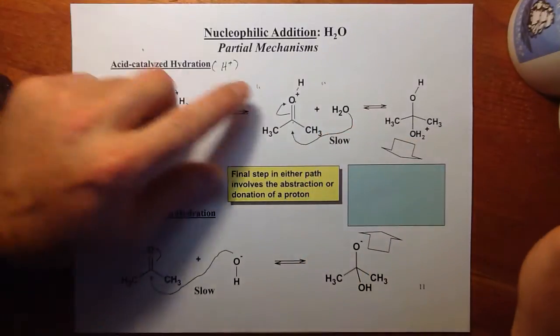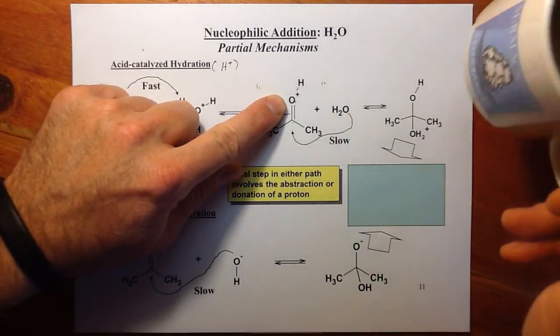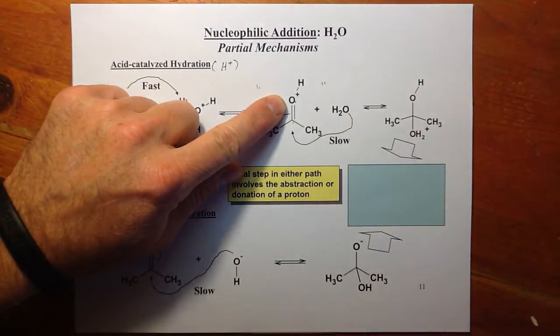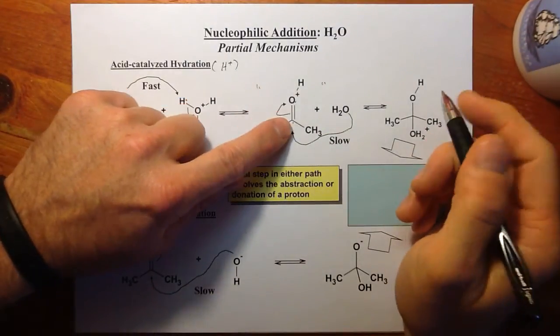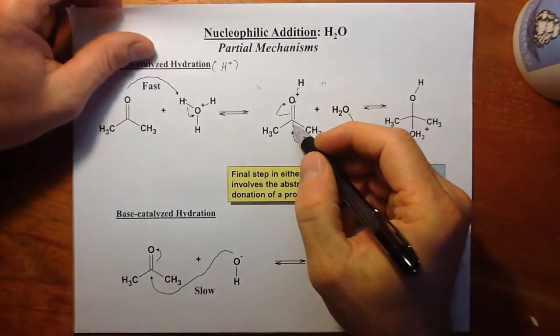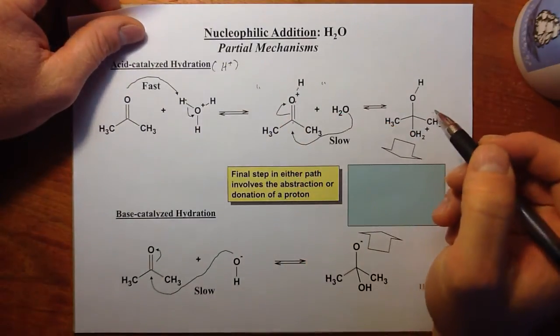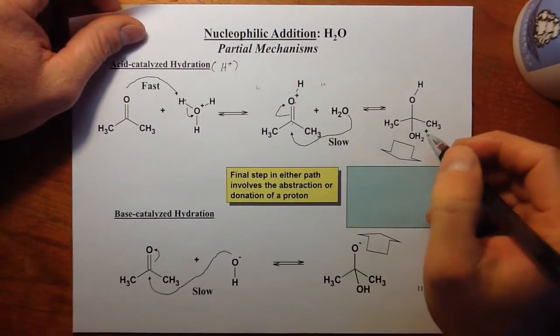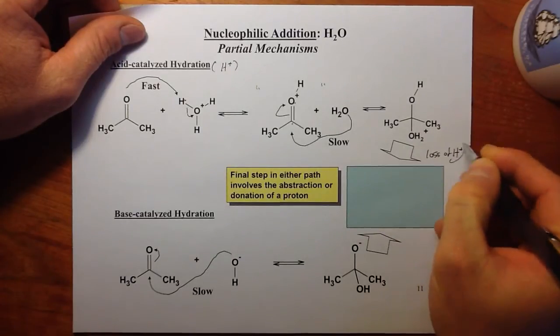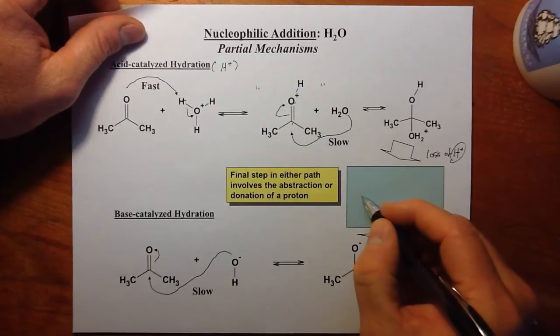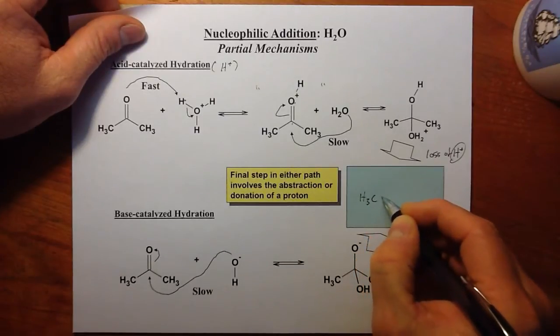And remember, if the oxygen's hurting, he's going to pull more strongly on everyone he's bonded to. So if I hurt, you hurt. This is, by resonance, going to share that positive charge. So we can draw the water in, and with loss of that catalytic proton back to solution, we can make our geminal diol.